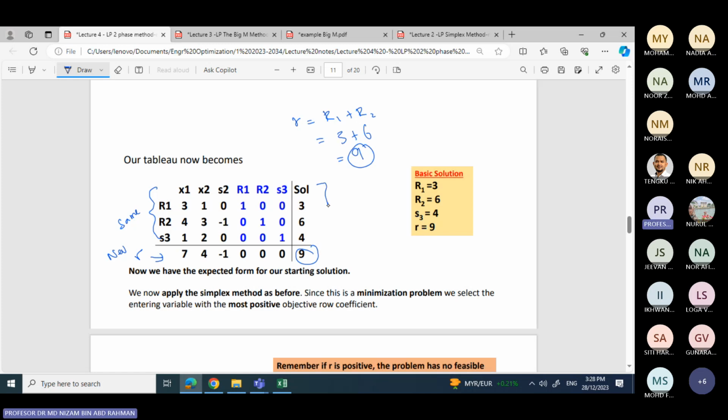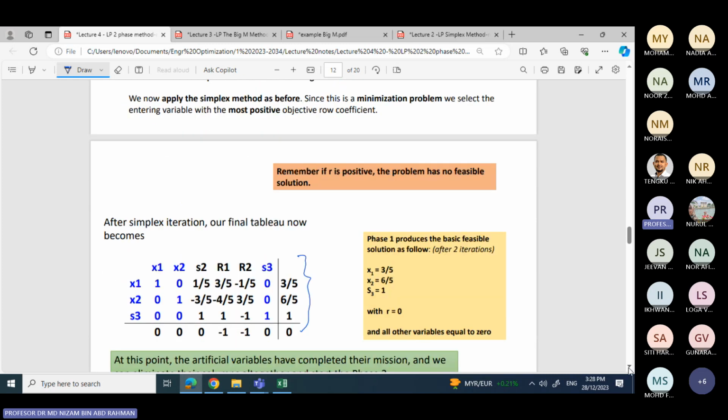This is the initial tableau. Perform the simplex method using Gauss-Jordan rules, such that at the end of it you get a final optimized solution that looks like this. If you didn't get this, it means there's something wrong with your calculation. So please attempt that.